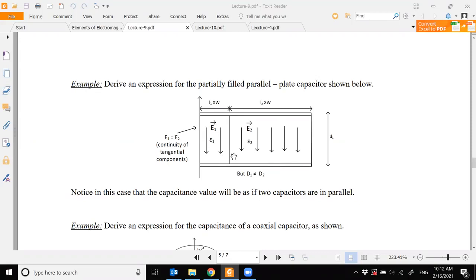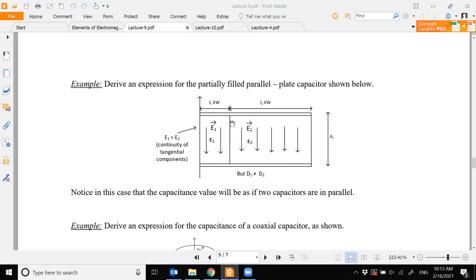Here, you will also have the EX component, because you will have only one component of electric field, which is the EX component. But in this case, that EX component is becoming tangential. See, because my boundary is this one. This is one material, this is another material.